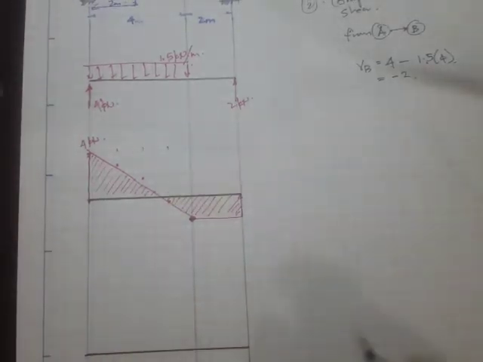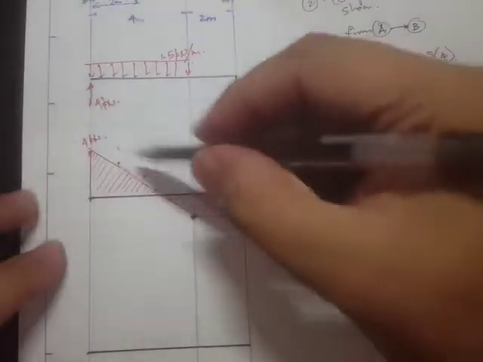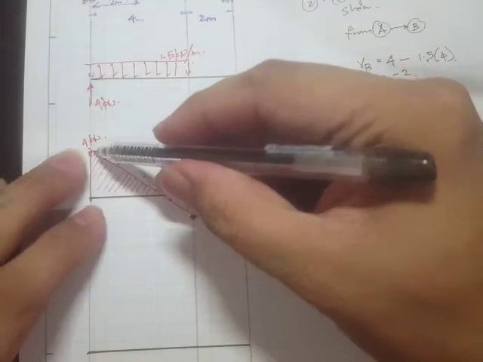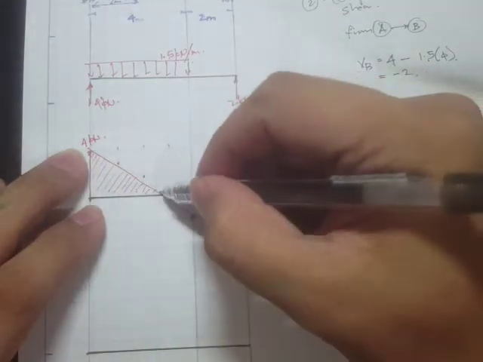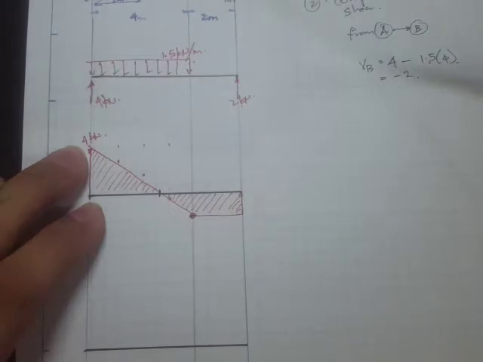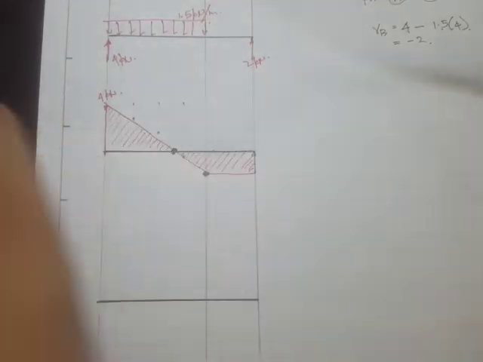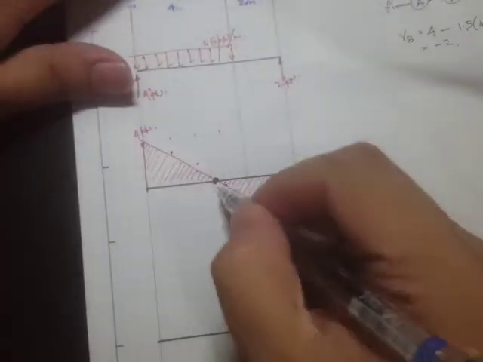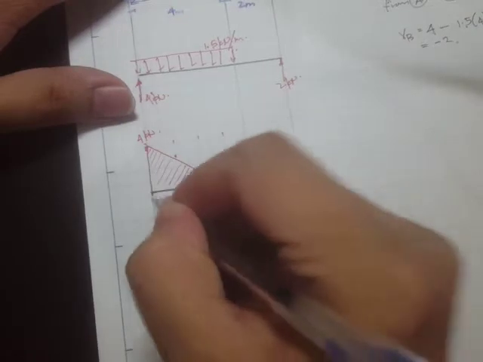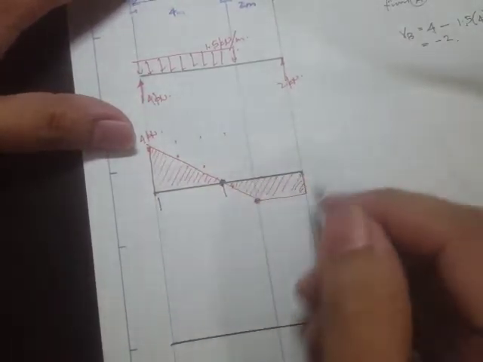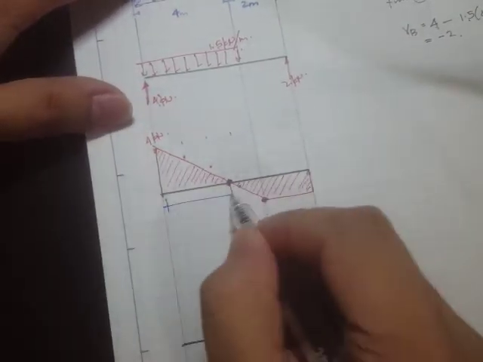Okay, and take note for this. Whenever the shear crosses the 0 line, that's going to be where the maximum moment will be at this point. Okay, so that's why we need to solve for this distance. And how do we solve for this distance?